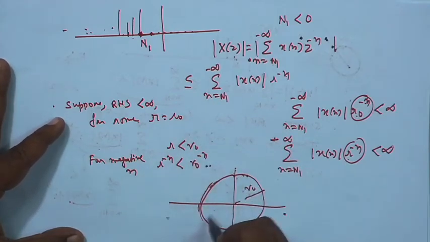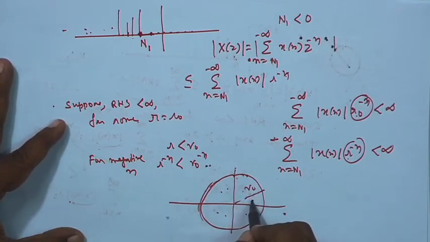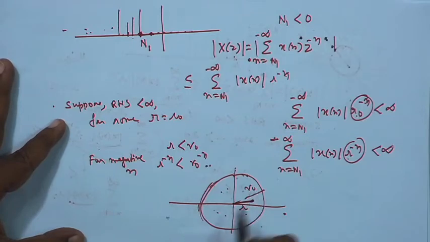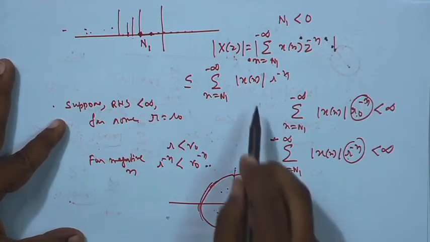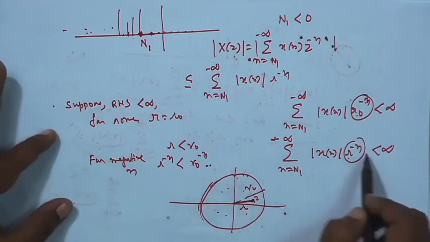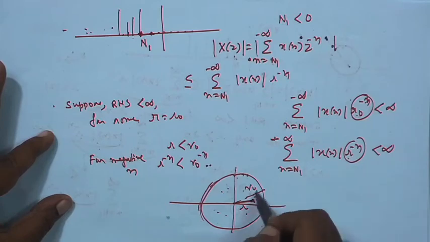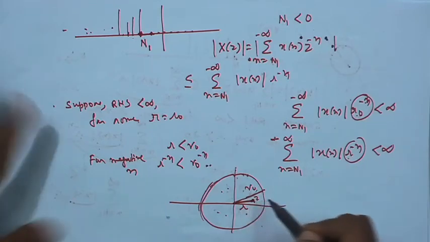In that case, you consider any point z inside, say here; the corresponding r is the magnitude that is less than r naught. So, for that z, obviously the Z transform will exist, because this will be finite, because this is finite, R is less than R naught, this much is R, this much is R naught.